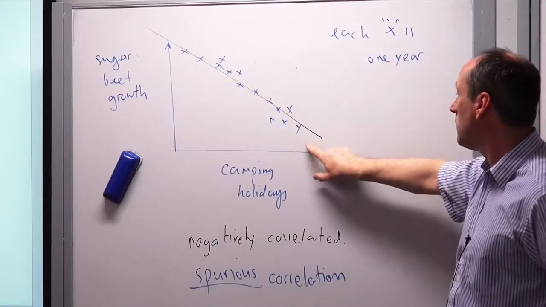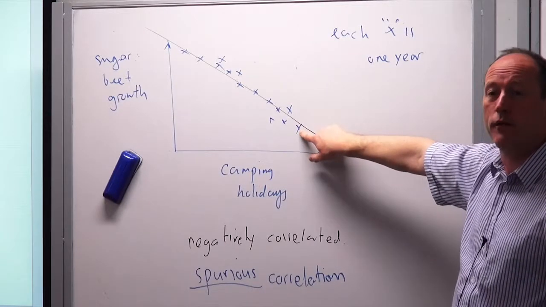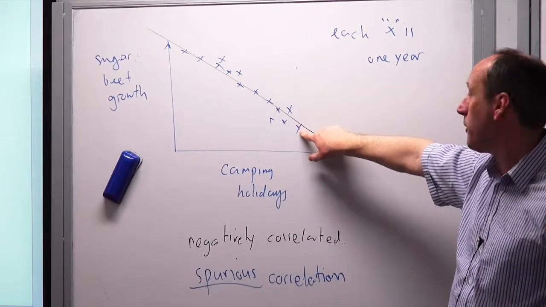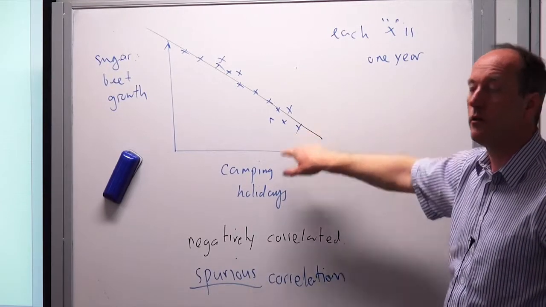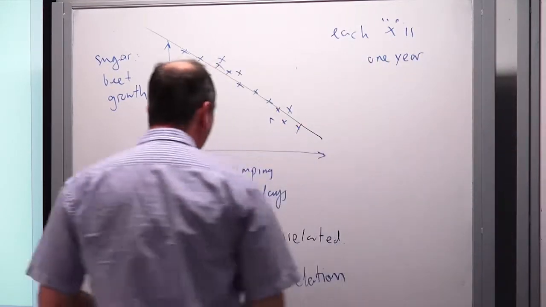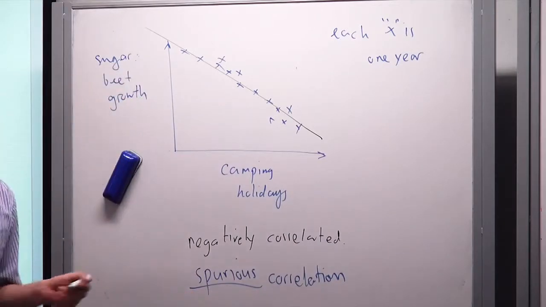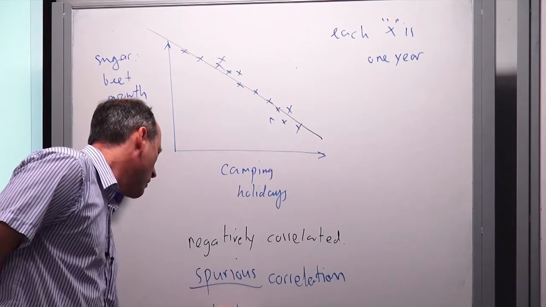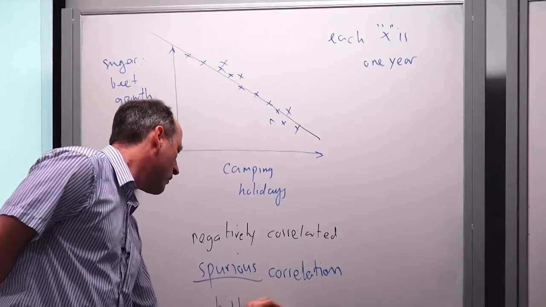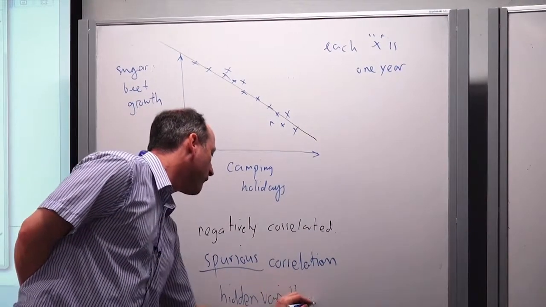And in years like this, it's a beautiful sunny year. Everybody goes camping, but the sugar beet can't grow because there's not enough water. So it's a spurious correlation, or I think it's called a hidden variable. Rainfall.